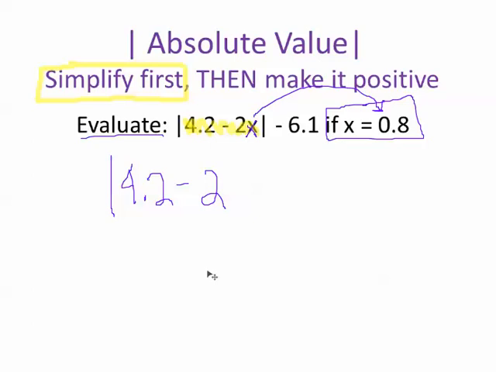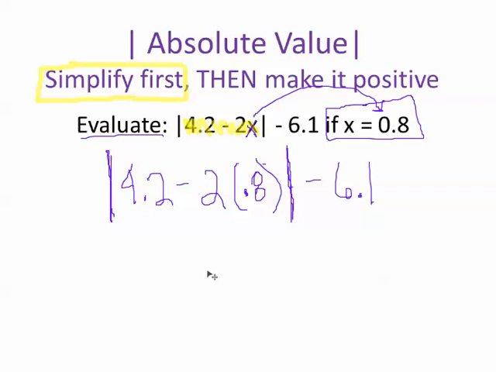When things are sitting right next to each other, it means I need to multiply, and I'm going to write 0.8. I don't need to put that 0 in the front. And then I better put my other end of my absolute value bar. Sorry, here's the first one. Here's the second one. And then the minus 6.1 just falls right down. It hasn't been dealt with yet.